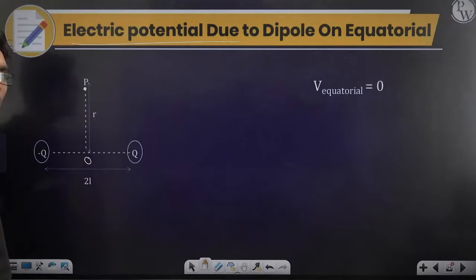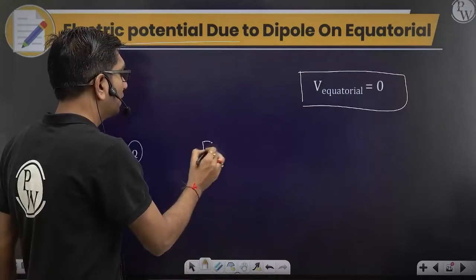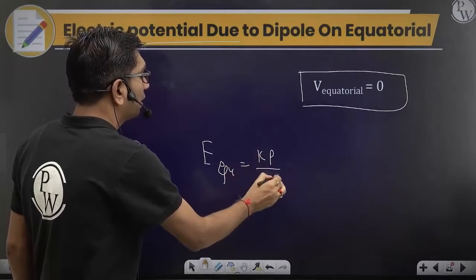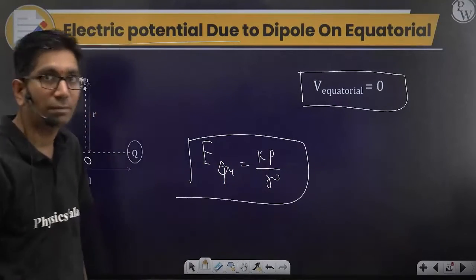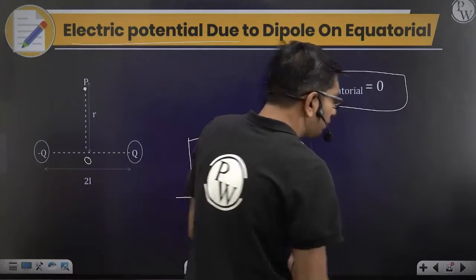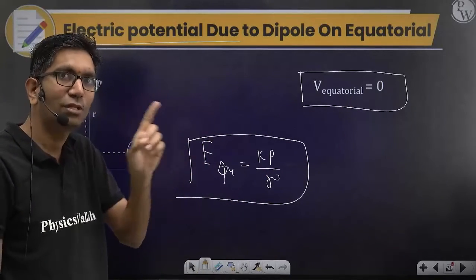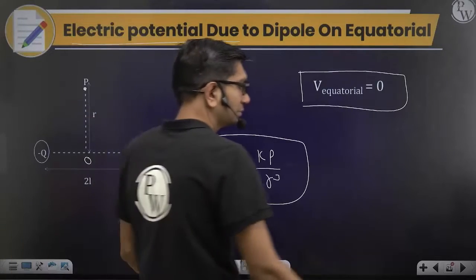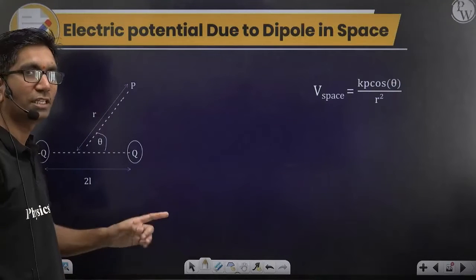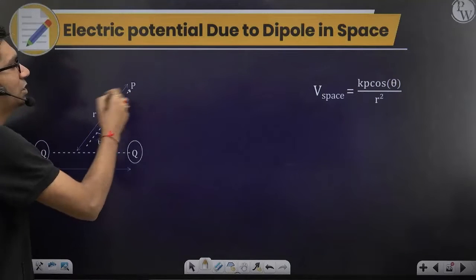Here you will get electric potential 0. The electric field intensity you got is Kp by r cube. If you know any one of them, you can calculate the other, because I have given you the relationship: electric field intensity is equal to minus dV by dr.